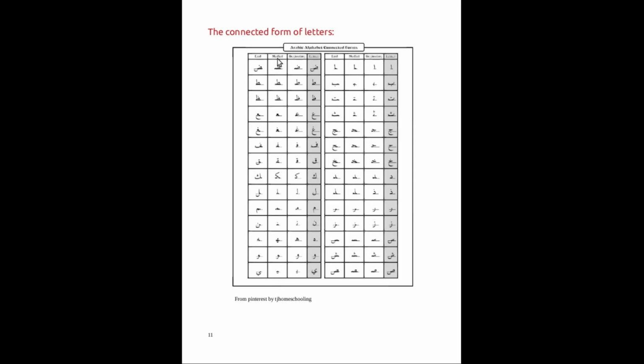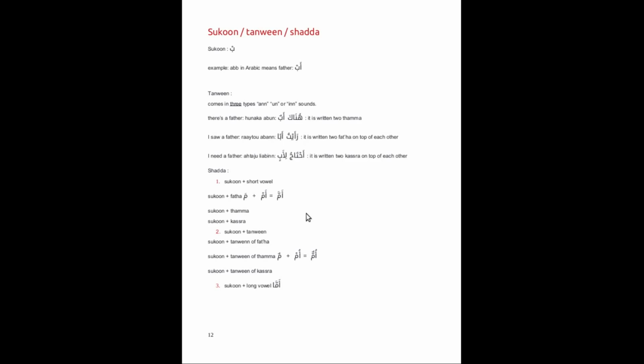So if this is the letter ya, if it's at the beginning, it's written like this. If it's in the middle, it's like this. If it's at the end, it's like this. And it's really simple. You can recognize them if you read them. It's not a problem.